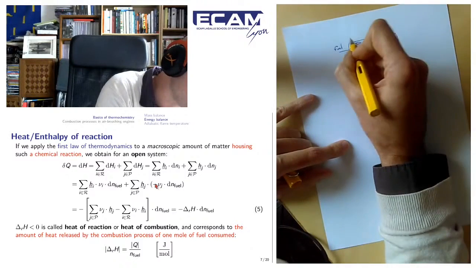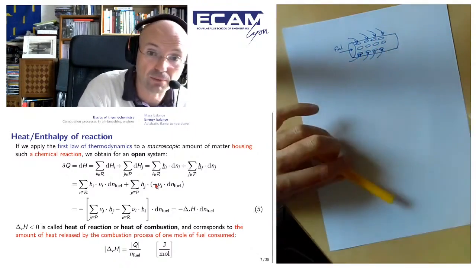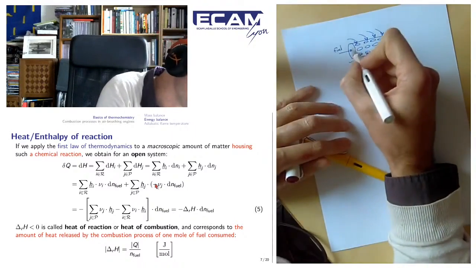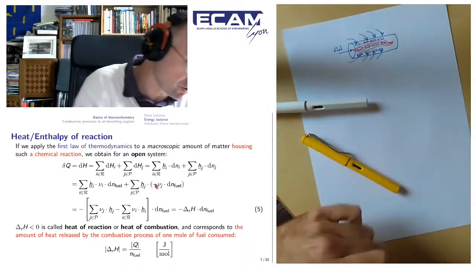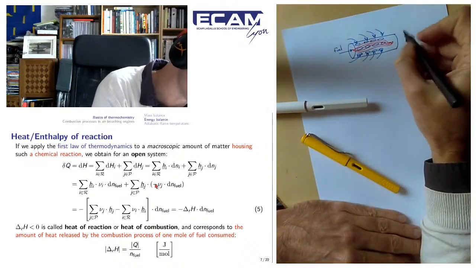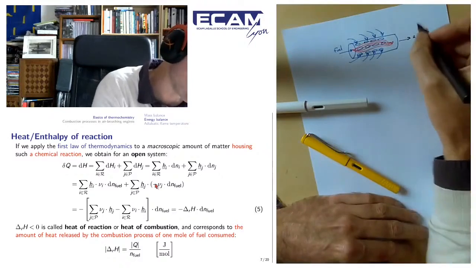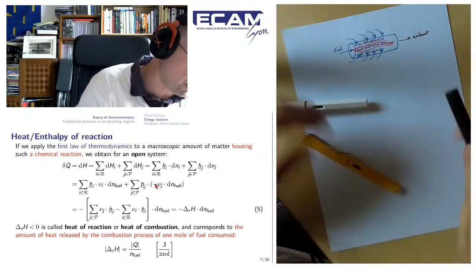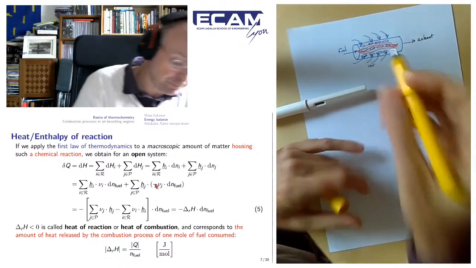Okay, and it's mixed with fuel. Inside this system, you have a flame which is produced. Okay, so the flame usually looks like this. You have a beautiful flame. On the end, you will produce some exhaust. Okay, so the exhaust is here. So you have a mass flow rate of exhaust, you have a mass flow rate of fuel, and you also have a mass flow rate of air, which is here.